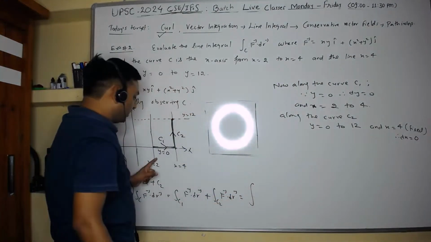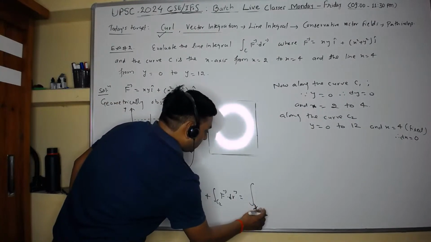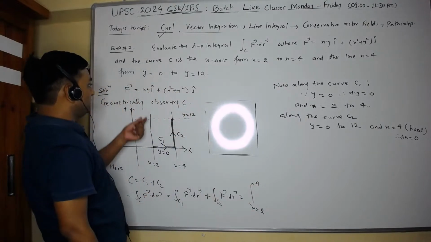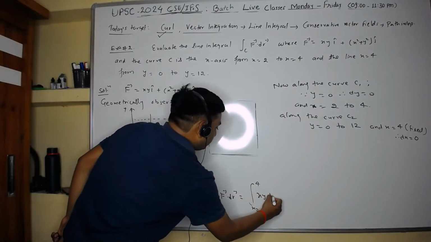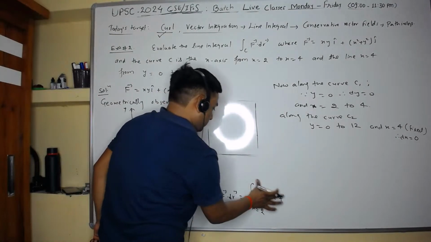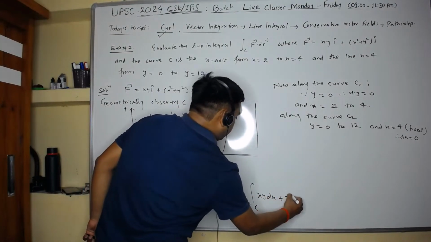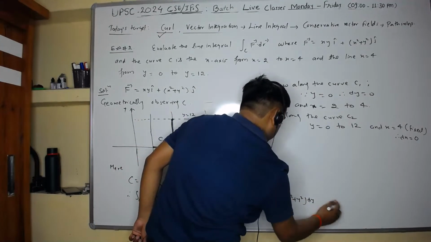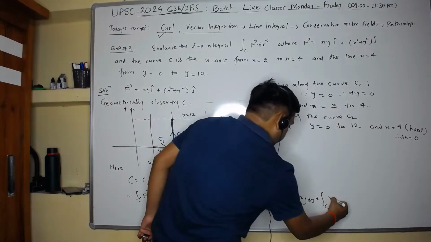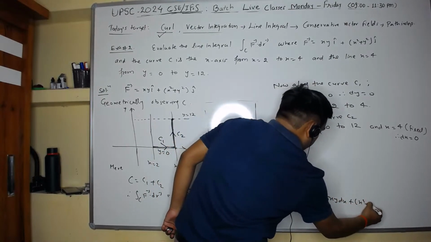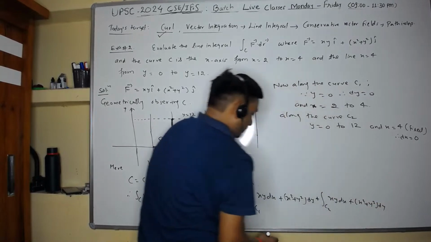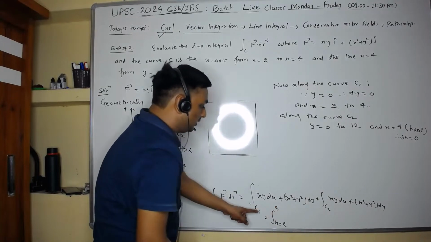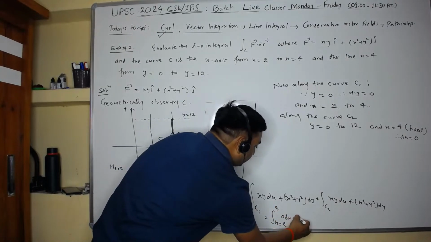Now along the curve C1, x going from 2 to 4, and what is that? x by dx. Let me write it once: integration over C of x by dx plus... So along the curve C1, x going from 2 to 4 and y is 0, right?